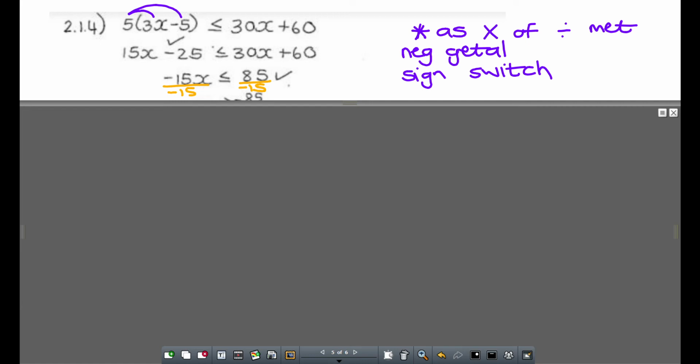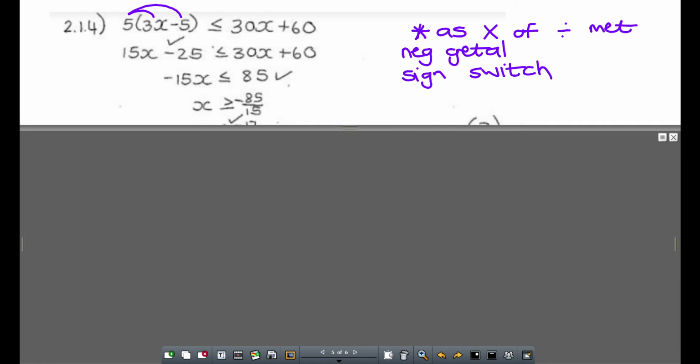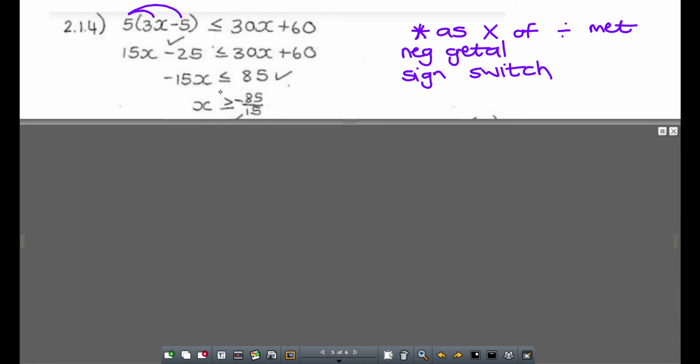So kyk gou. Nou raak hy x, en kyk gou die teken het omgeruil, and then 85 divided by the minus 15. Wees nie by tot daar nie.